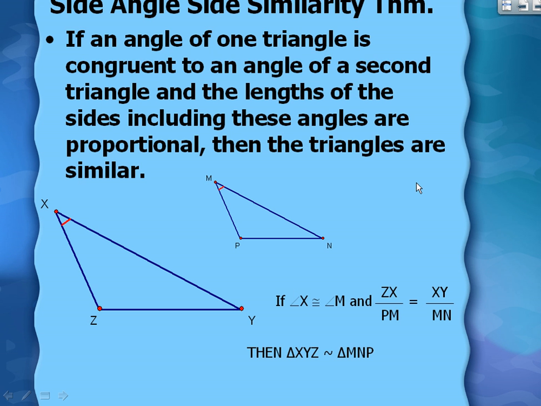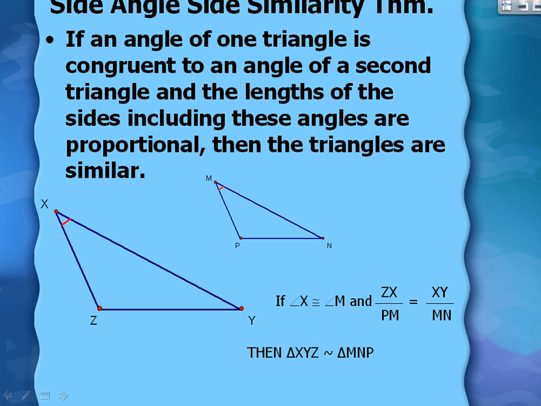All right, so the other one we get is side angle side. Same kind of deal. If we know that an angle of one triangle is congruent to the corresponding angle of another triangle, and the lengths of the adjacent sides of that angle are proportional, then it works, right?